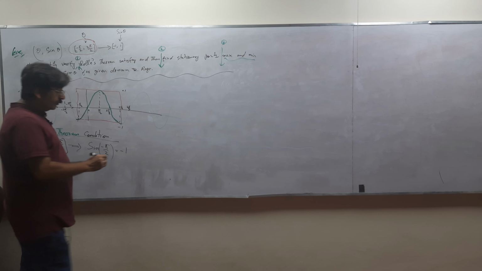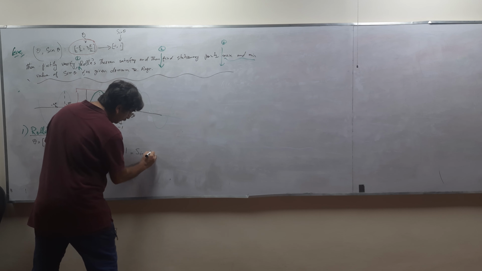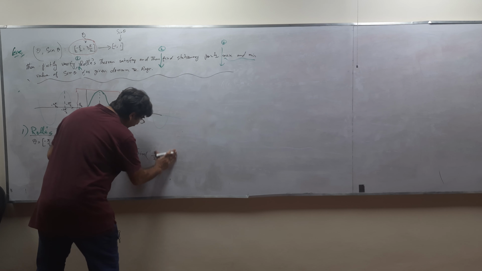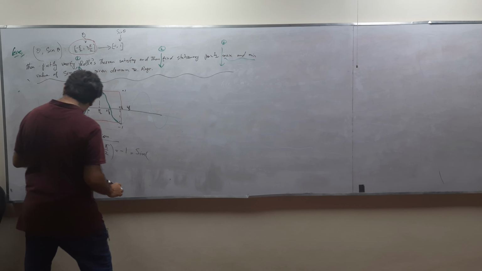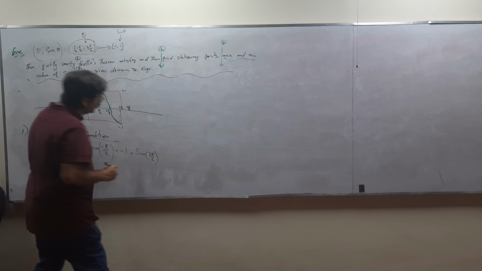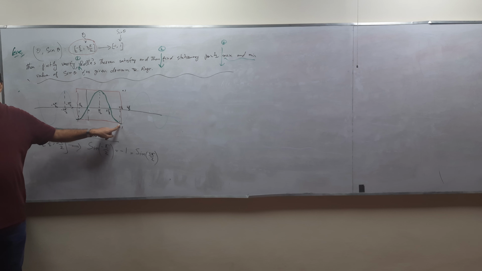And sine of 3 pi by 2. For example, if you don't have a calculator and you don't know the value at 3 pi by 2, you can also observe from the graph that at 3 pi by 2, the value of sine theta is minus 1.